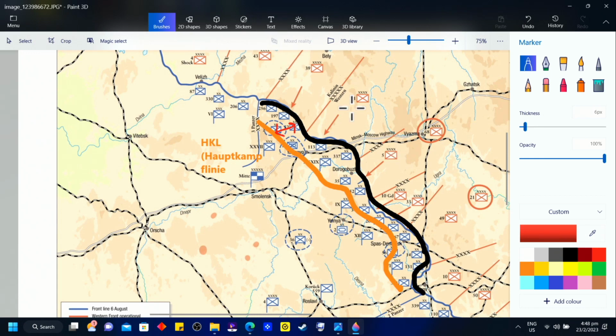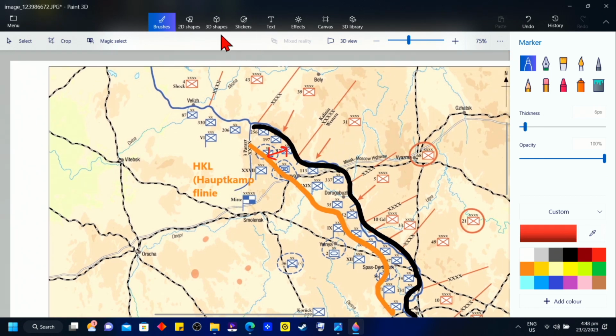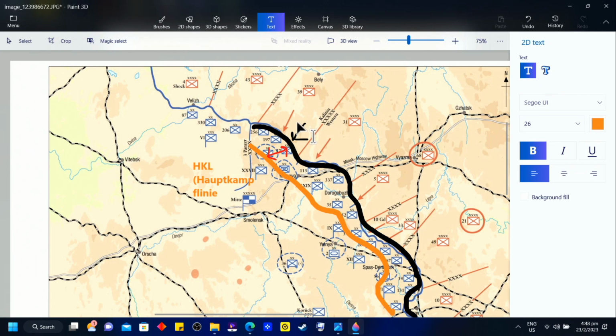So Heinrici's side has, okay, so the black line is called the security zone. So the security zone is like the front line, the front line trenches. Security zone.